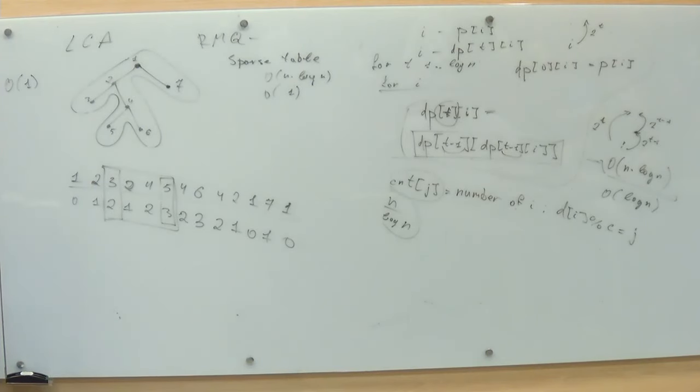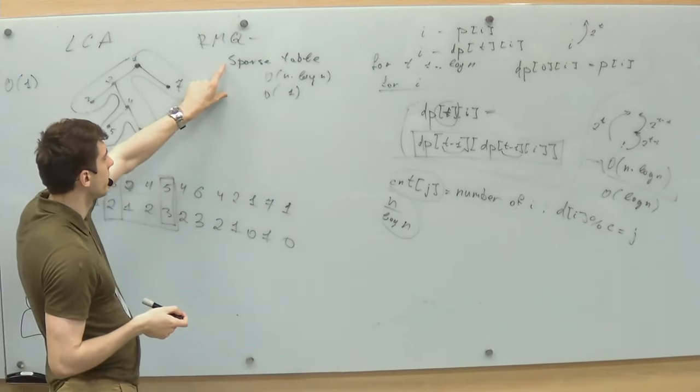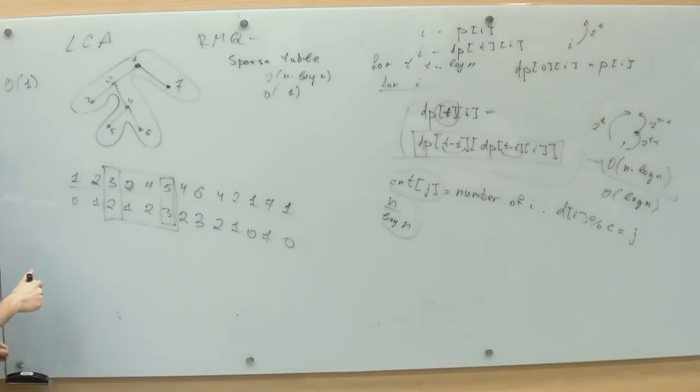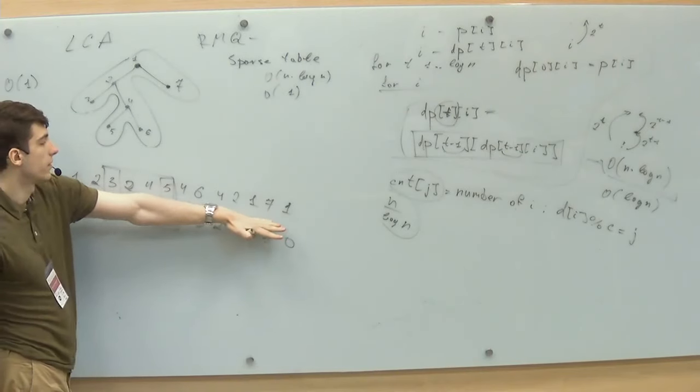Right, so after we found those lists and we built a sparse table data structure among them, until this time you do not actually have to consider this second array.